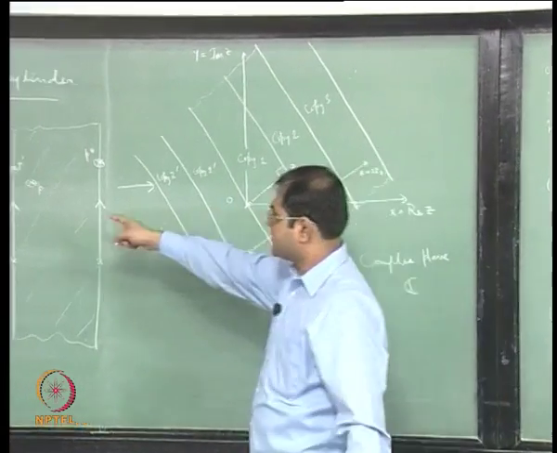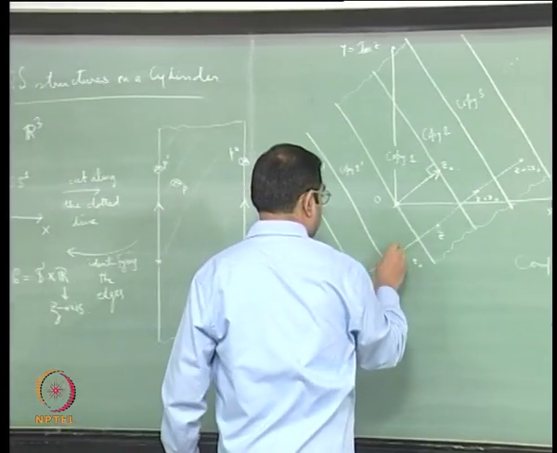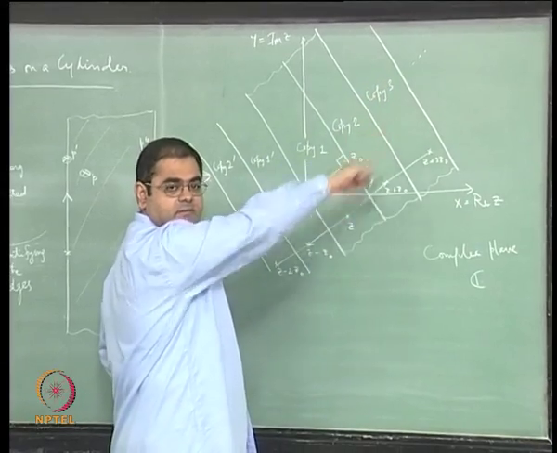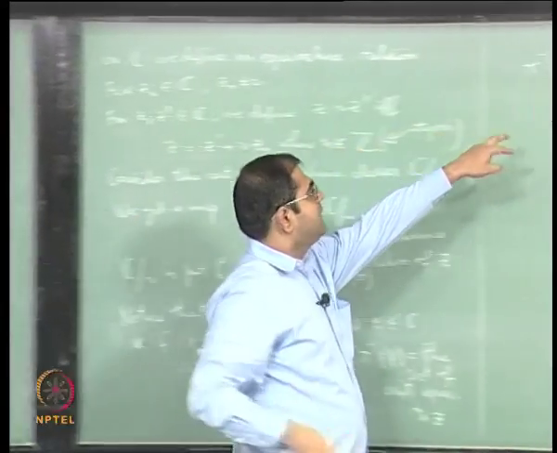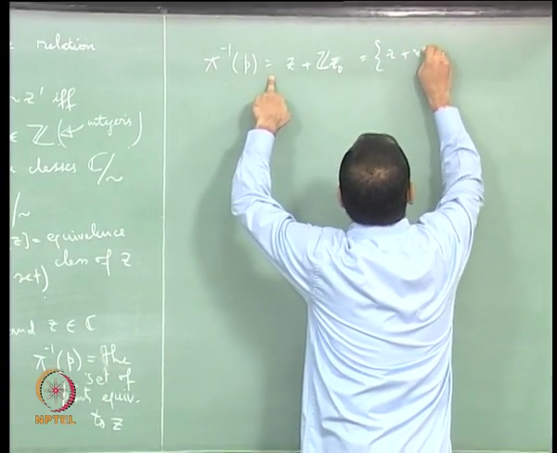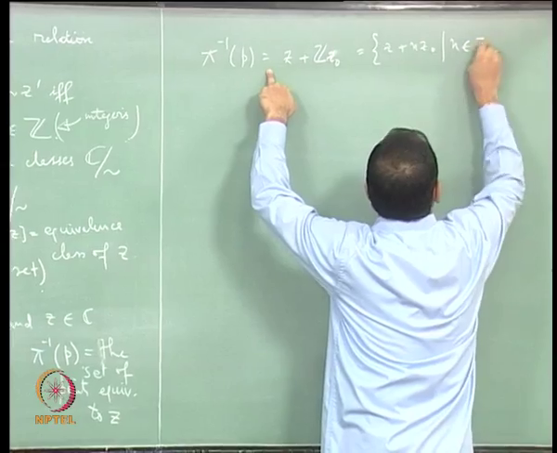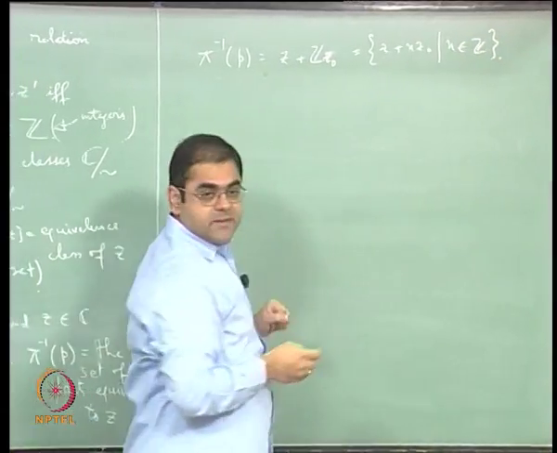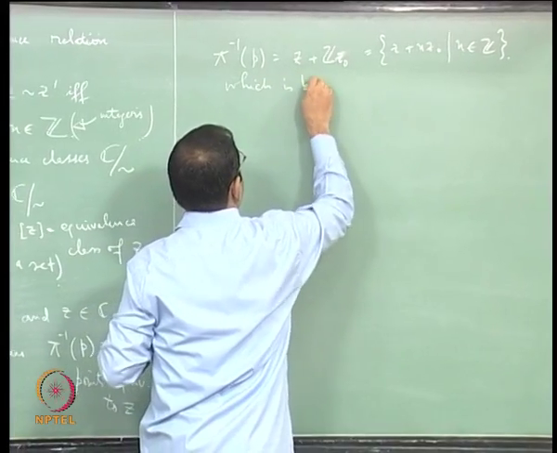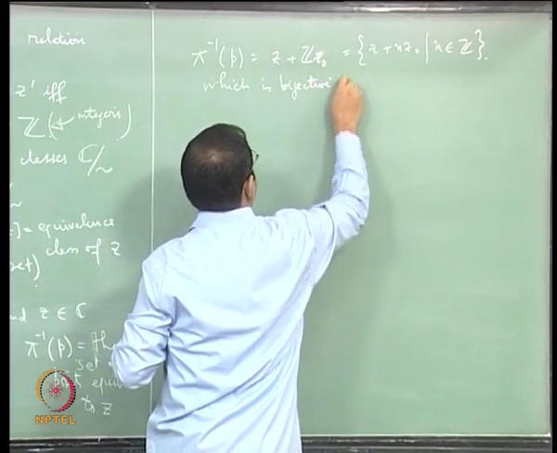So the inverse image of a single point will be this set of points, they are all translates of Z. What this notation means is this is the set of all Z plus n Z0 where n is an integer, and you can see that this is bijective to the integers if you want.